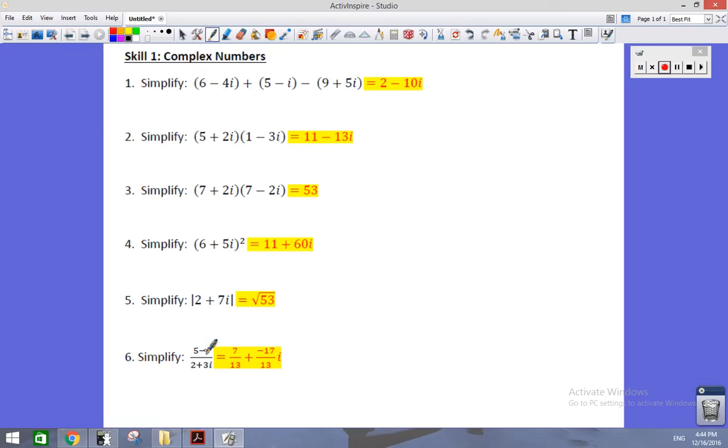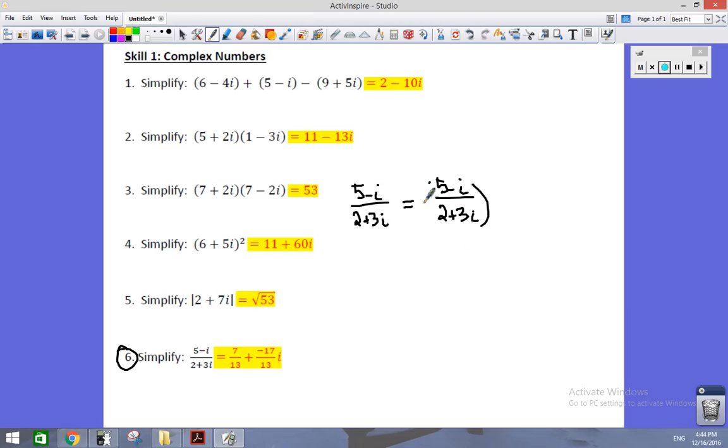Now, when we have division, this is the most difficult one, simply because it's the longest one of the bunch. You've got 5 minus i over 2 plus 3i. It is against the rules to have the imaginary unit in the denominator. It's a common technique in algebra: we're going to take this fraction and multiply it by the number 1.